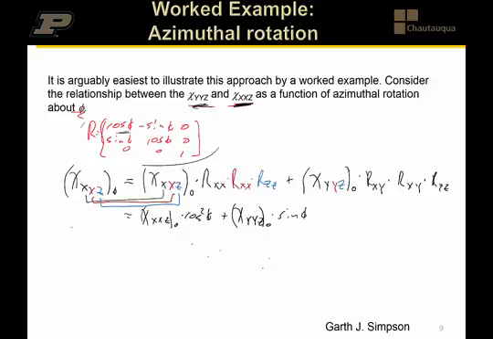We can repeat the same thing for chi yyz in the rotated reference frame, and that's going to give us a contribution from chi xxz initial, and now this time we'll have the sine squared here, plus chi yyz, and then this will be cosine squared phi.